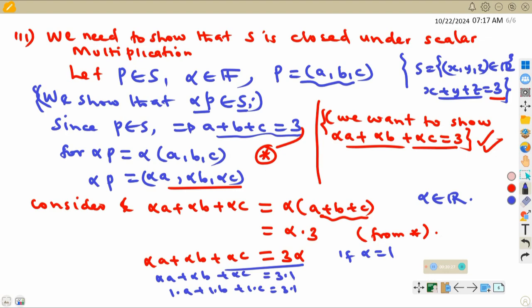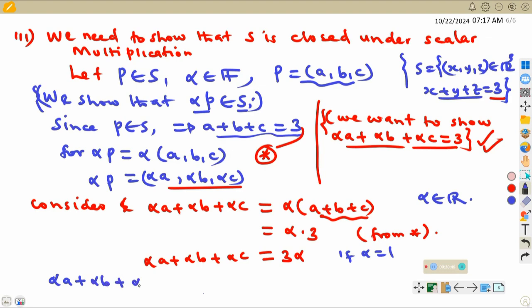So from here we shall give a conclusion: alpha A plus alpha B plus alpha C, which is equal to 3 alpha, is not equal to 3.